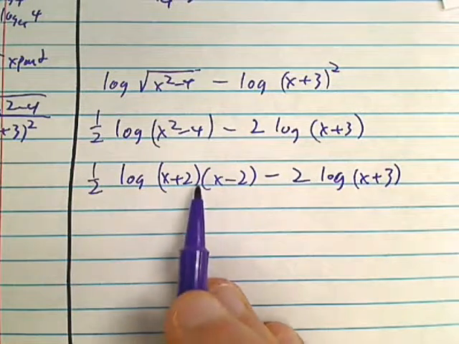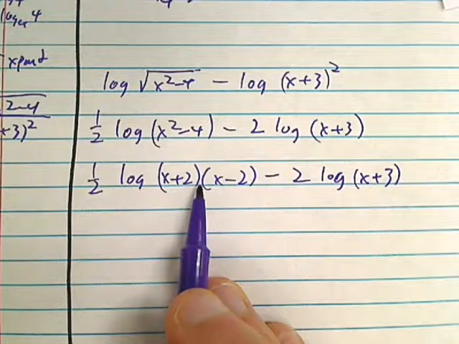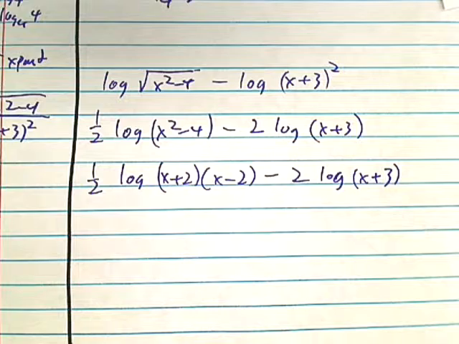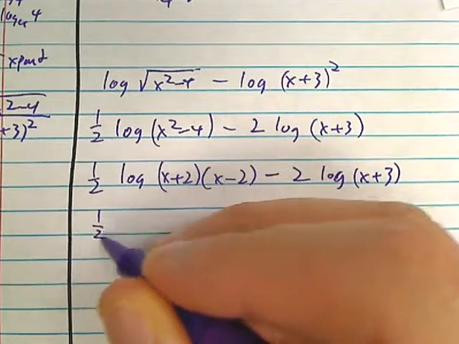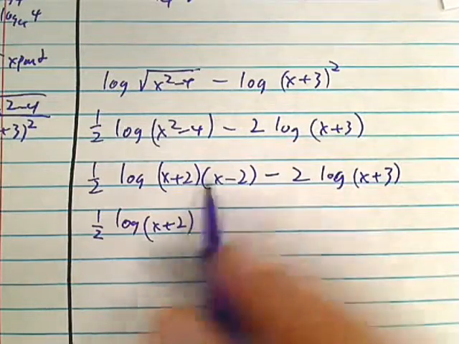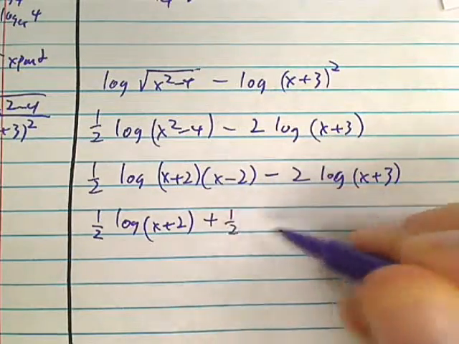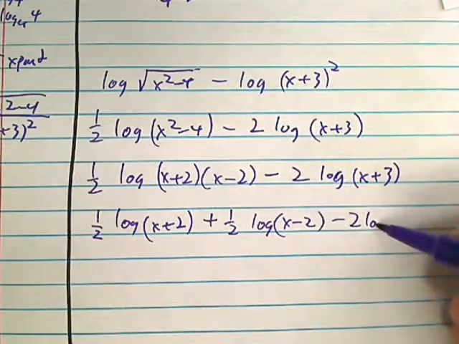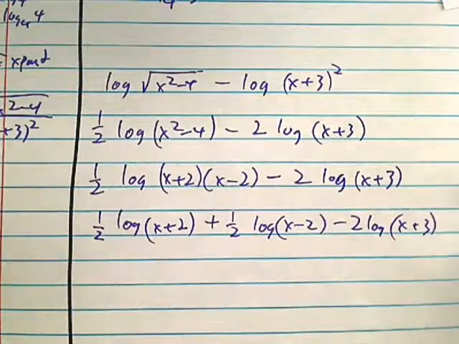And finally, write this as a multiplication. When you write the two different logs, be sure to distribute the 1/2 over them. Go ahead. Okay, 1/2 log of x plus 2. Multiplication becomes addition, plus 1/2 log of x minus 2. Copy the rest.